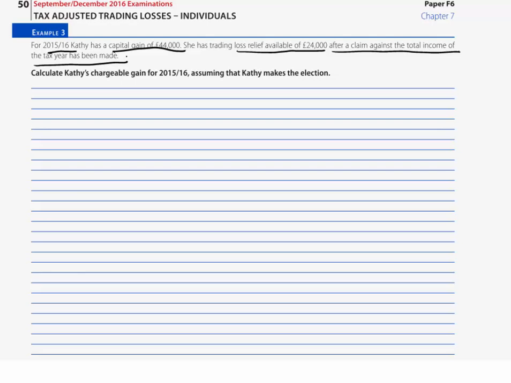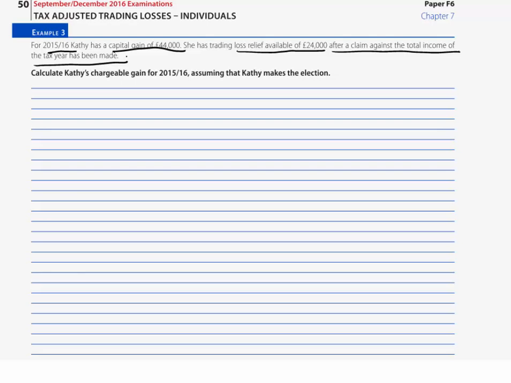So here in 2015-16, Kathy will have taken the trading loss and set it off against her total income. That would usually have the effect of reducing the total income down to zero, because the total income will usually be less than the £50,000 cap that applies. So she's reduced that total income, made the maximum possible claim, and still has trading loss available of £24,000.